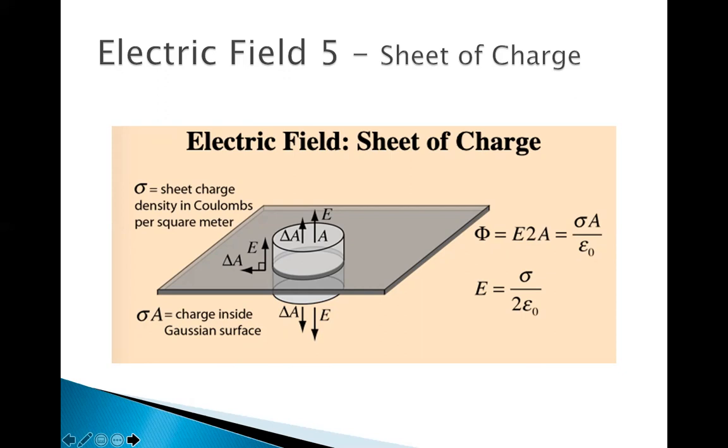I just want to point that out. If we apply Gauss's law, because the electric flux goes out up and goes out down, the total flux is twice E times A, that's E times 2A. So that helps us understand that electric field equals sigma over 2 epsilon 0.